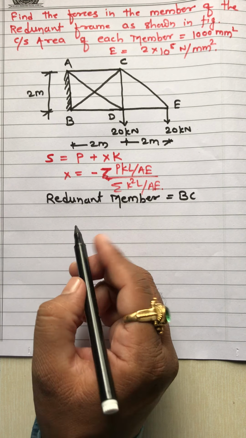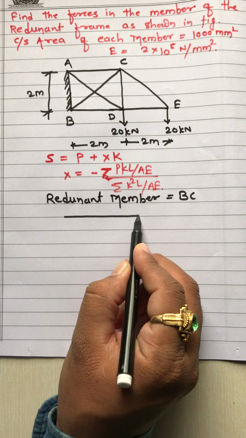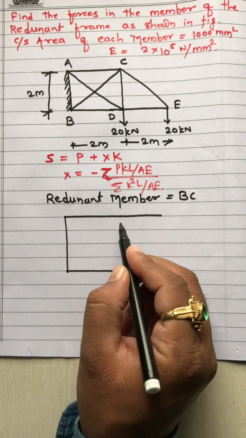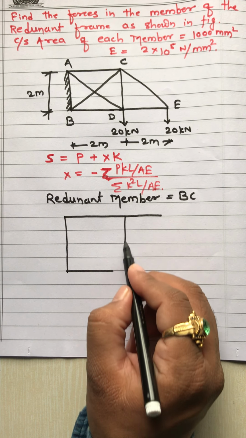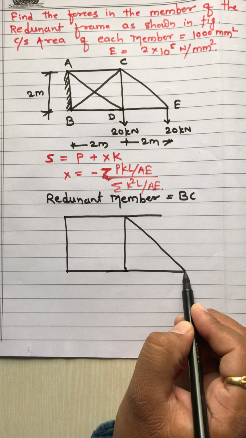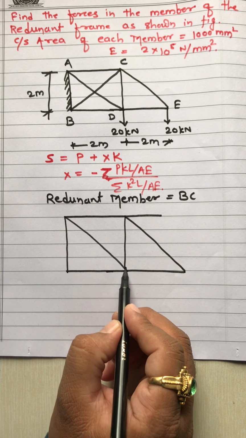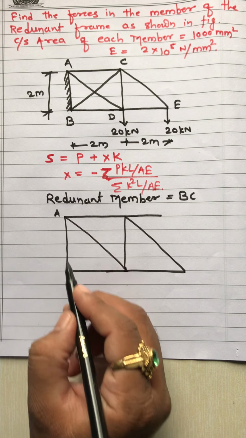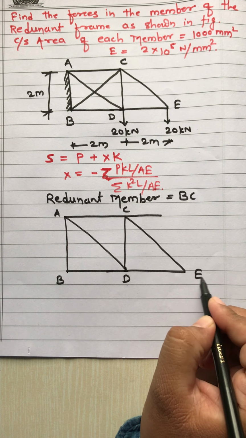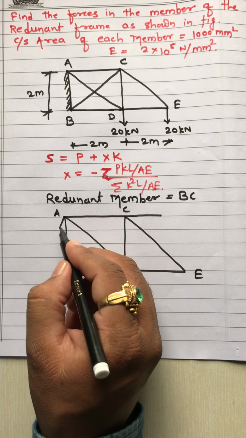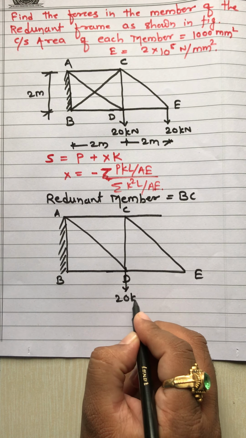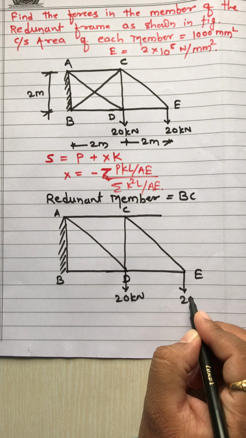Now I will redraw this figure by removing this redundant member. Now the frame becomes determinate because I have removed this redundant member BC, and we have forces 20 kilonewton and here also 20 kilonewton.